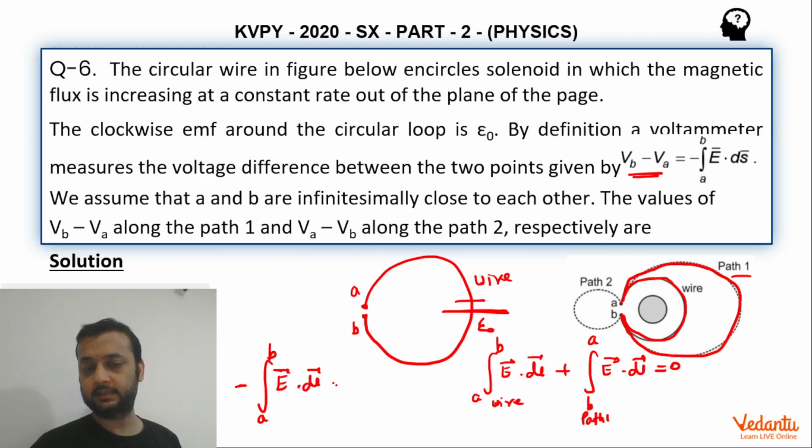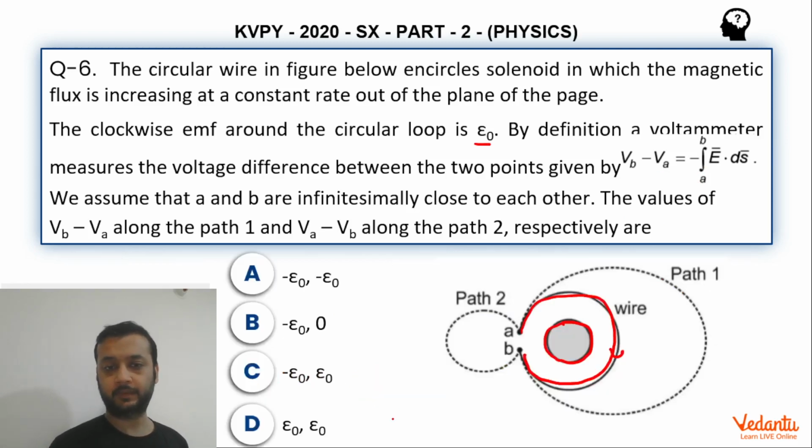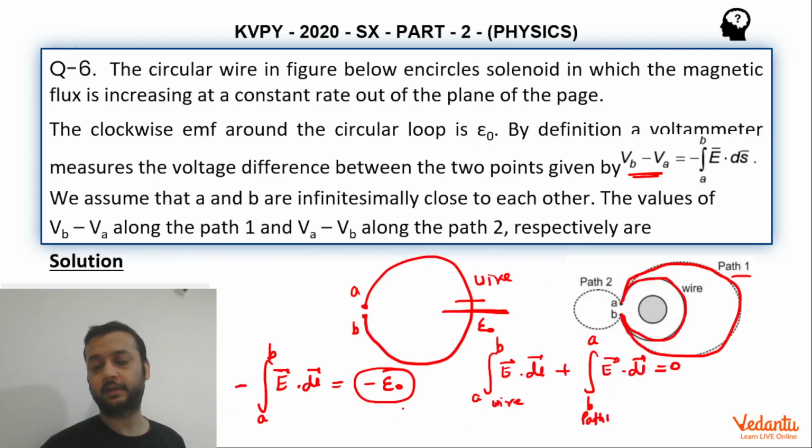And this value has gone on the right side and become minus epsilon naught, because this was epsilon naught. So we have to find the value of VB minus VA along path 1. VB minus VA along path 1 will be the negative of E dot ds, and this value comes out to be minus epsilon naught, as you can see.